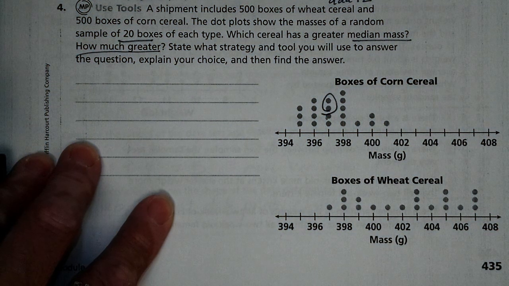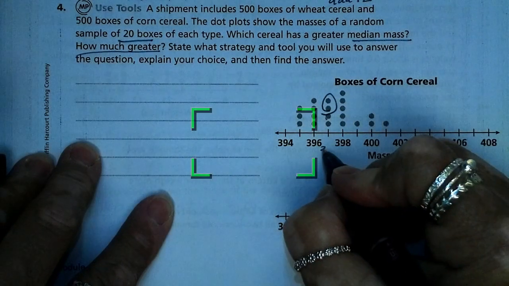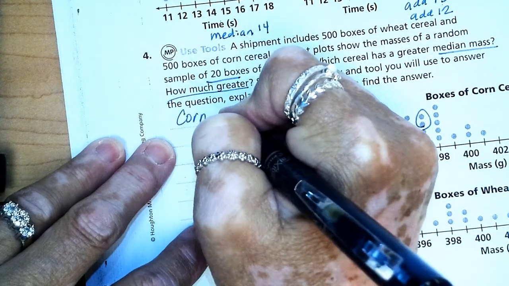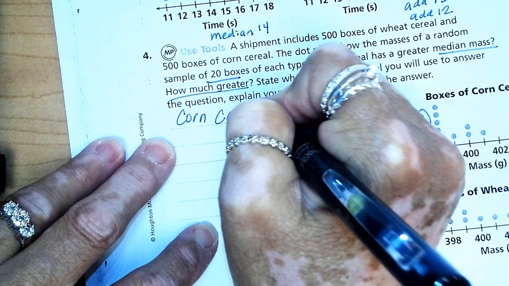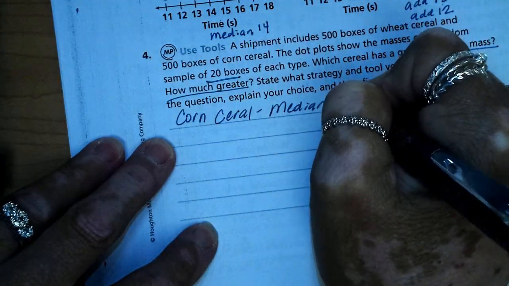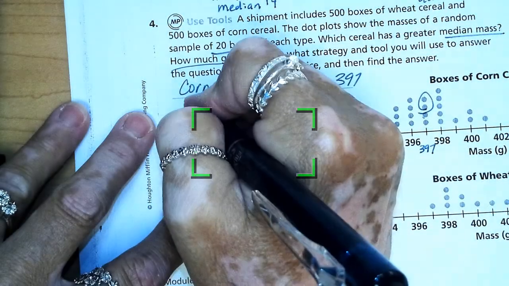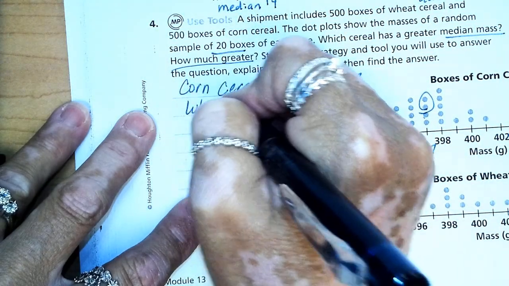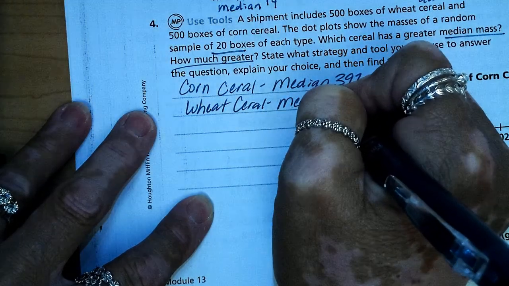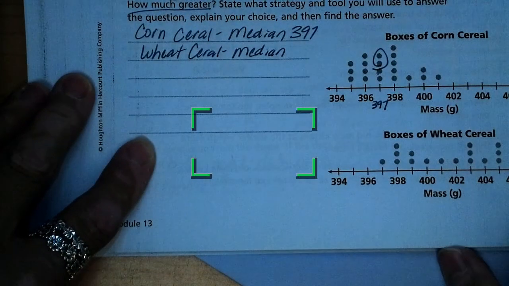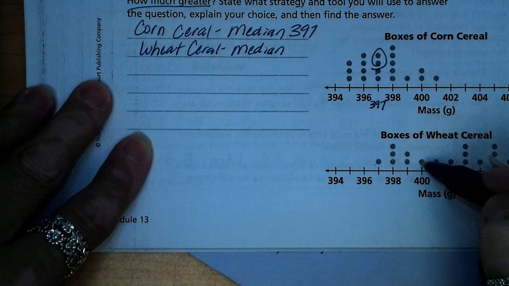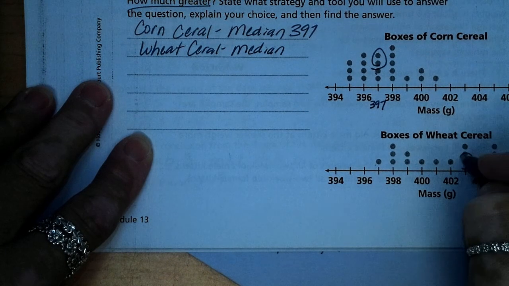So it makes that the middle, which is 397. So corn cereal's median is 397. Wheat cereal's median would be the same thing, 9 and 9. So 1, 2, 3, 4, 5, 6, 7, 8, 9.